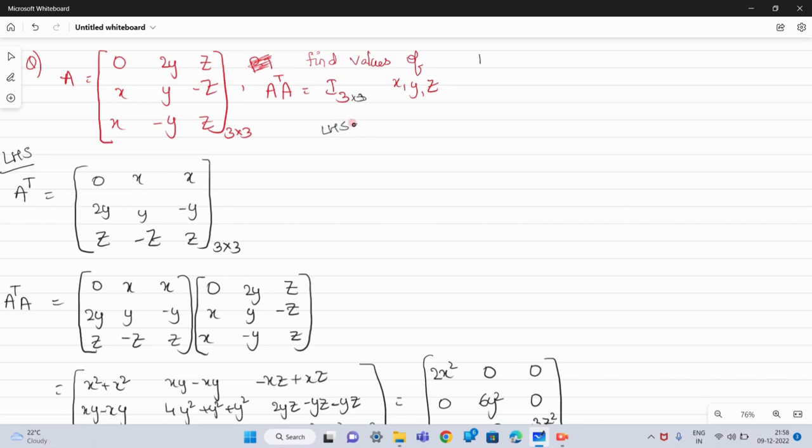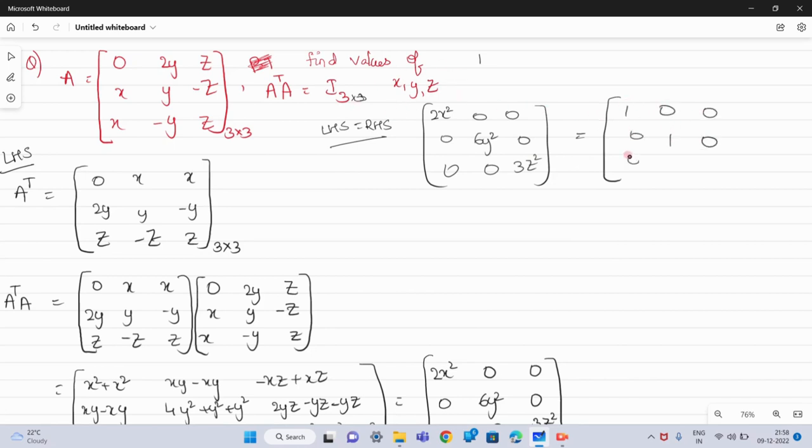LHS, which is 2x square, 0, 0, 0, 6y square, 0, 0, 0, 3z square, equate this with RHS. What is RHS? The unit matrix of order 3 cross 3, which is 1, 0, 0, 0, 1, 0, 0, 0, 1. Now when you equate, you'll get x as plus or minus 1 by root 2, y as plus or minus 1 by root 6, z as plus or minus 1 by root 3. So these are the values of x, y and z.